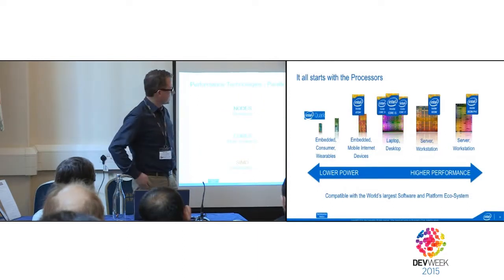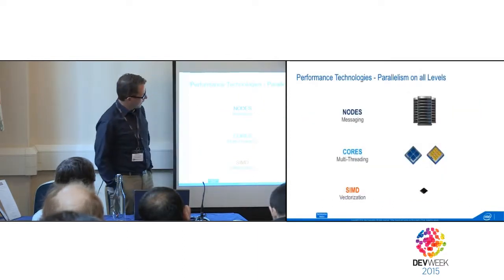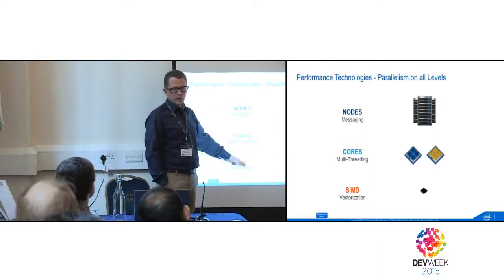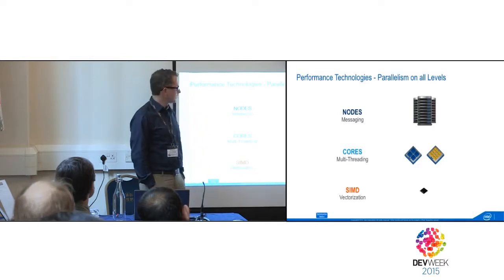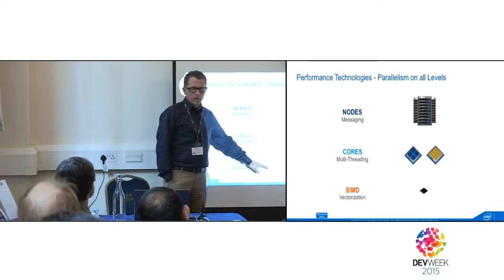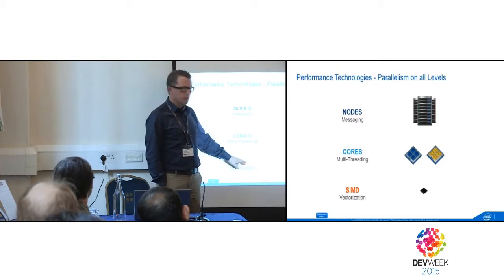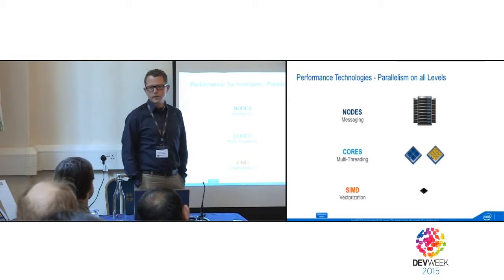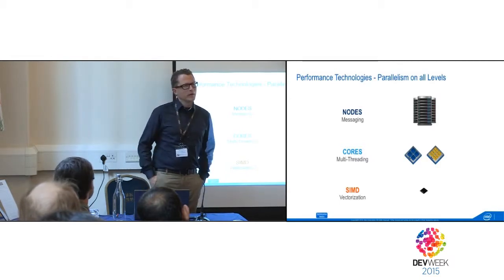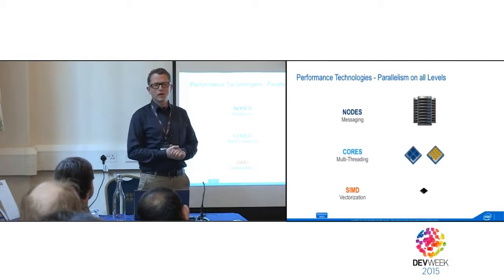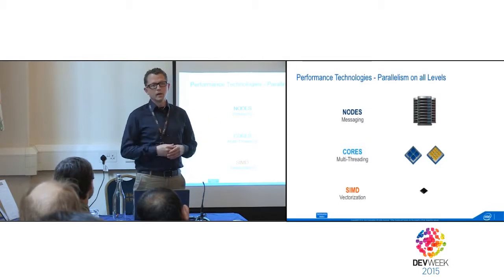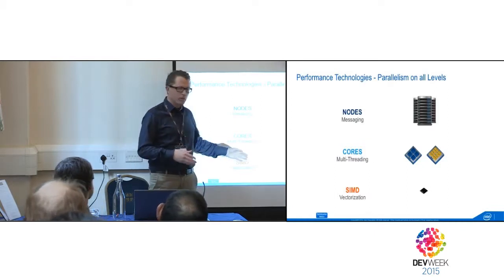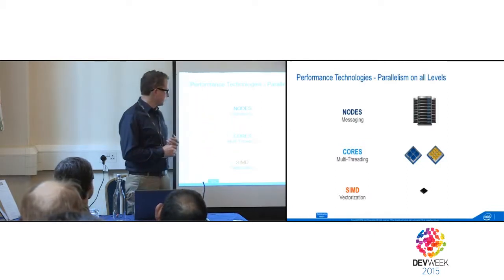So what do we see? What kind of parallelism do we see? And Manel is going to go deeper. There are many levels of parallelism you can use in C++, right? At the very bottom, it's all about single instruction, multiple data. It's about vectorization. Current Intel processors, and correct me if I'm wrong, have 256-bit wide vectors. So it means you can process not only one instruction at a time, but several data streams at a time.